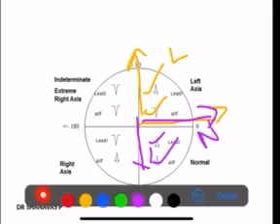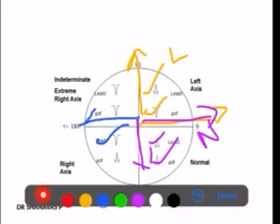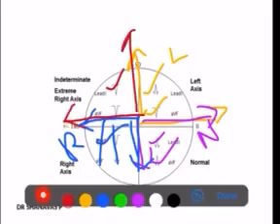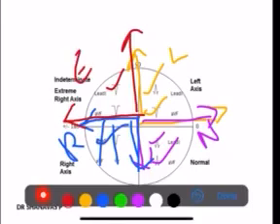In the next picture, lead 1 is negative and lead aVF is positive, so this is the axis, that is, right axis deviation. In the next picture, lead 1 is negative and lead aVF is also negative, so it has an extreme axis or an indeterminate axis.